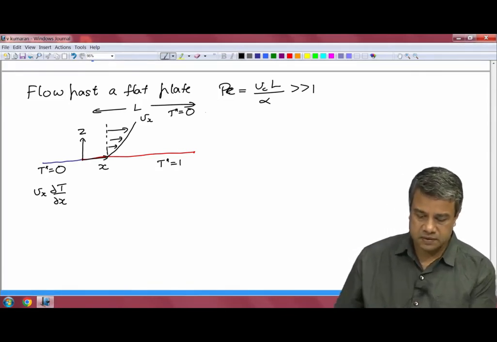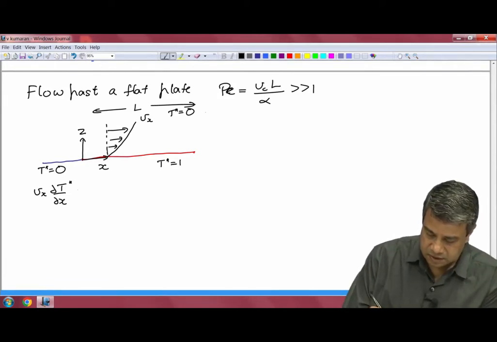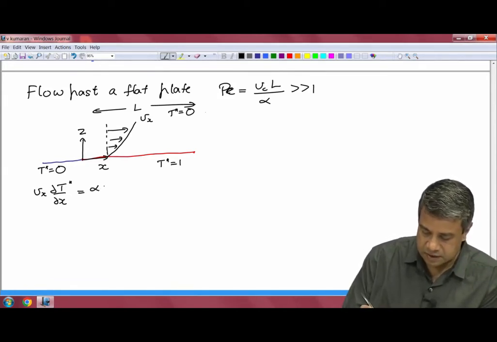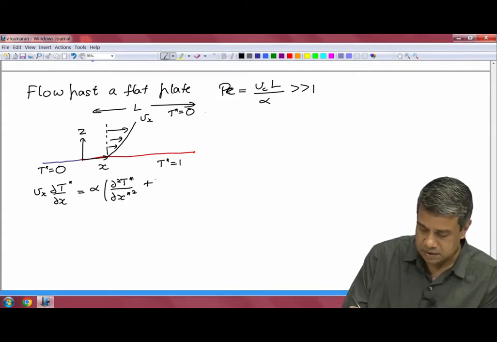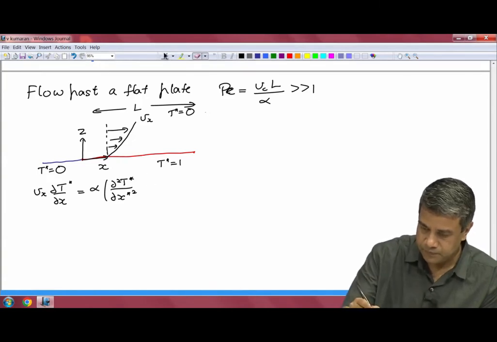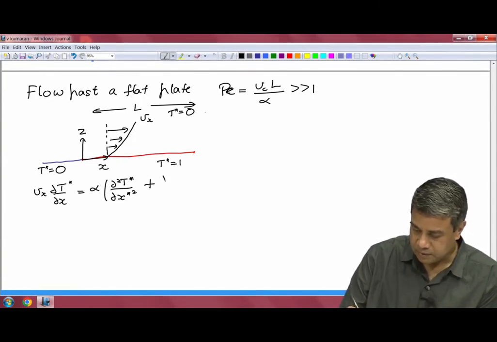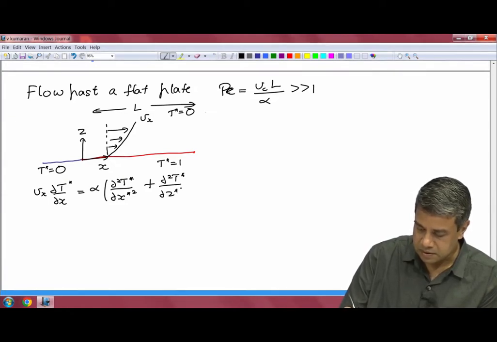And since the velocity was only in the x direction, we had defined the convection diffusion equation, partial square T by partial x square plus partial square T by partial z square.